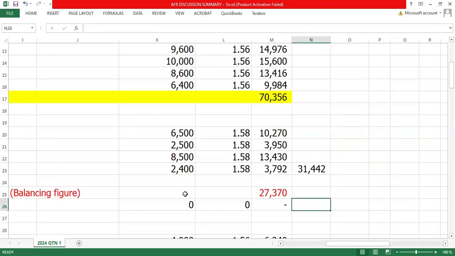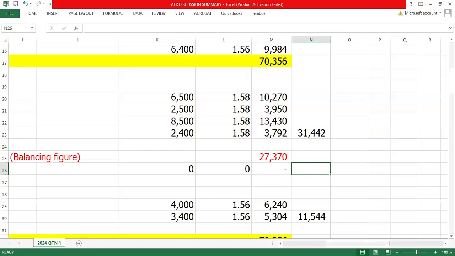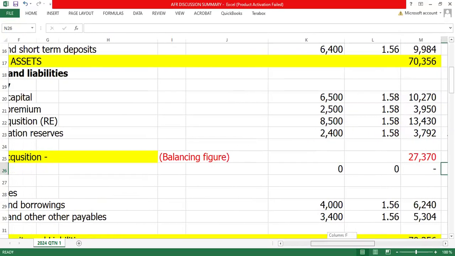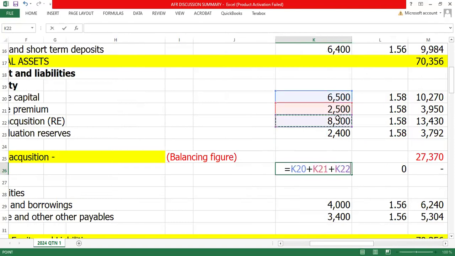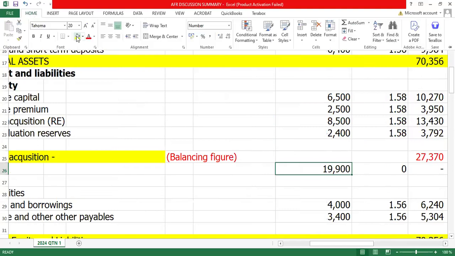When you add here, what do you get? Like the total here. If you add these figures, this one plus this, plus this, plus this. Are you seeing what you get? 19,900.